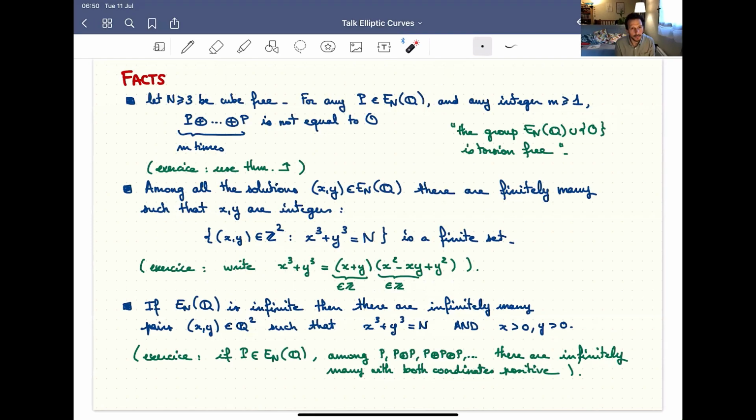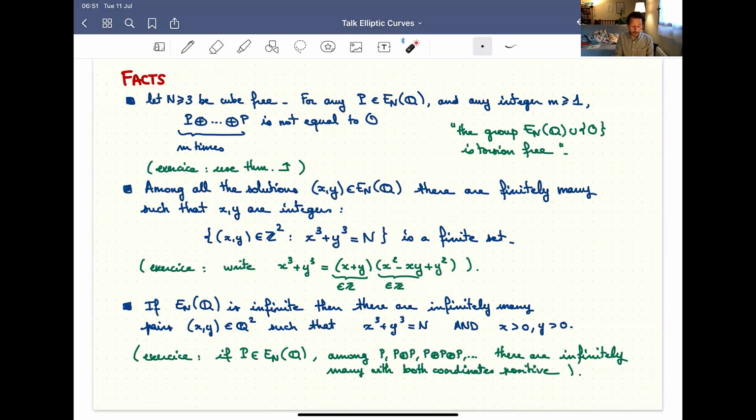If n is cube-free, I've introduced this notation before, and if you have a point P, a solution in E(Q), and if you have any integer m, and you look at the point P plus P plus P plus P plus P, m times, then this point is not equal to O. So m times P doesn't equal O.